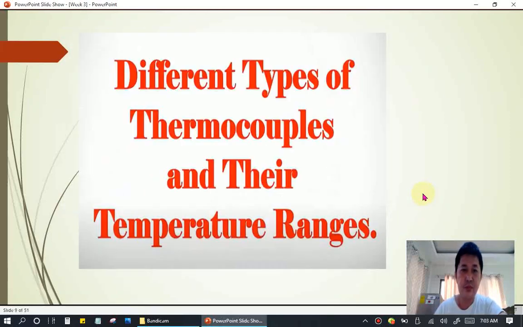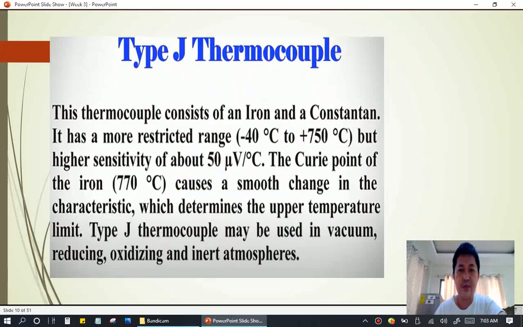So we have the different types of thermocouples and their temperature ranges. So we discuss one by one. So we have type J thermocouple. This thermocouple consists of an iron and a constantan.